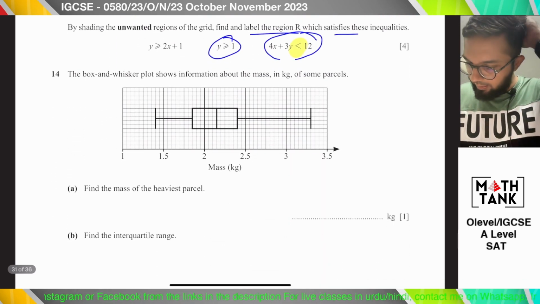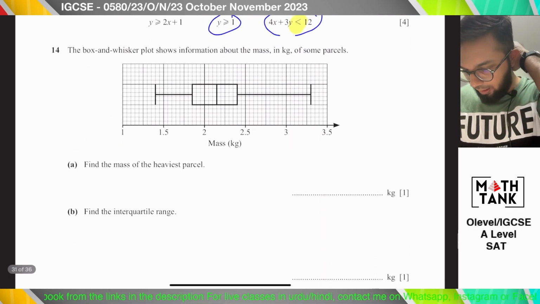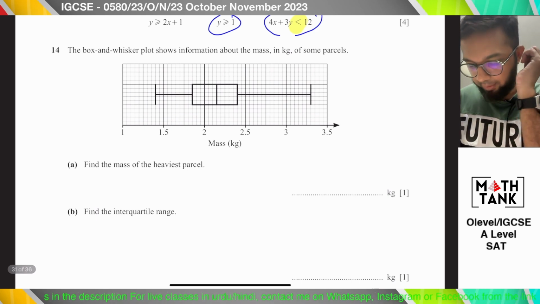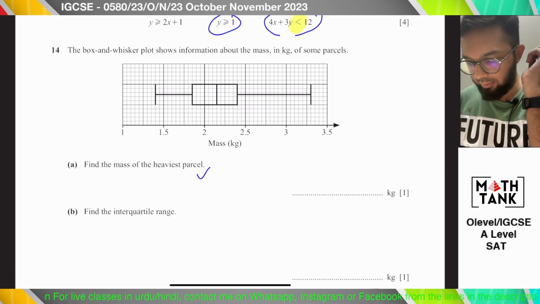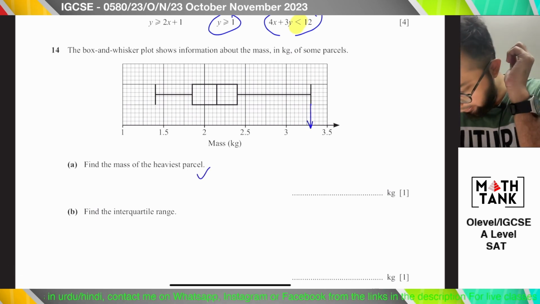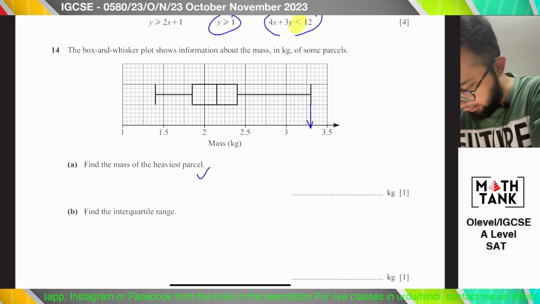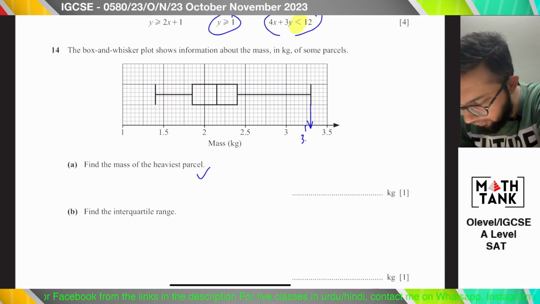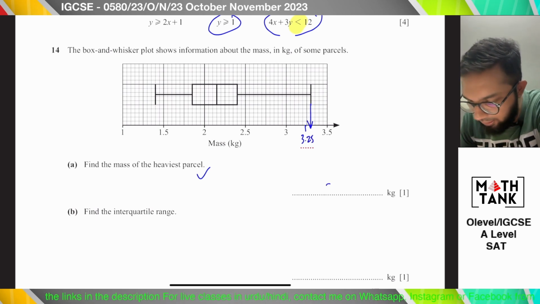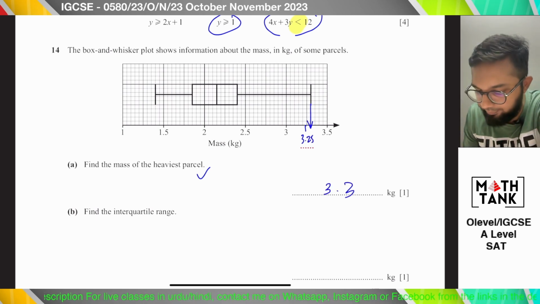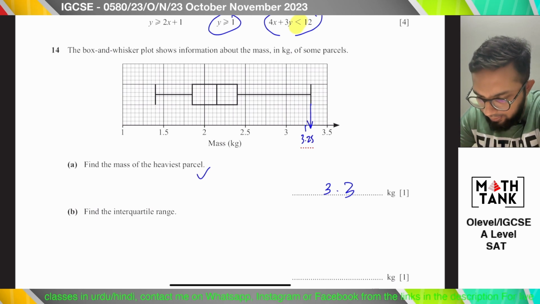Then there's a box and whiskers plot. It says the box and whiskers plot shows the mass of this. Find the mass of the heaviest particle. So this is always the heaviest weight that's there. And that looks like it might be 3.25, so that might be 3.3. Find the interquartile range. So that's the upper quartile and that's the lower quartile.